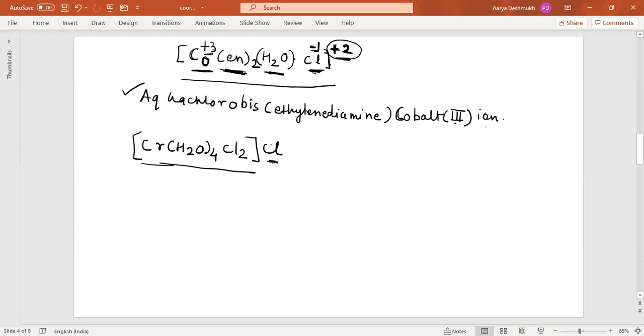So start writing. How many water molecules are there? Four. Alphabetically, this is aqua and this is chlorido. So tetraaqua. There are 2 chlorine, so dichloro, chromium.